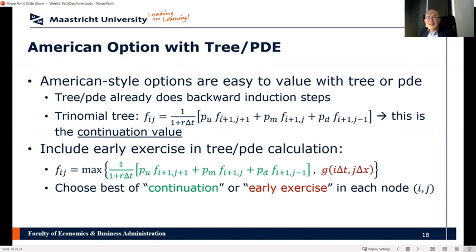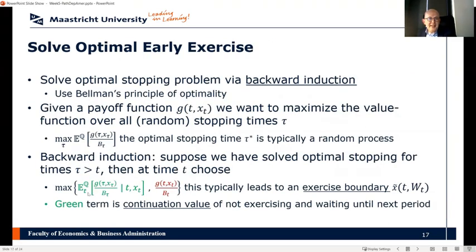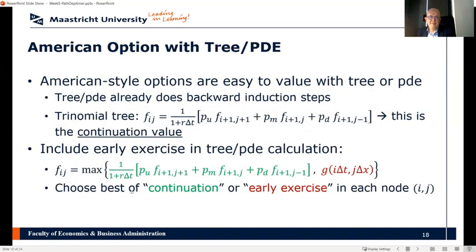It's the up probability times the up value plus the middle probability times the middle value plus the down probability times the down value, and then you multiply this expectation with e to the power minus r delta t, or 1 over 1 plus r delta t. And this conditional expectation is literally this green term from the previous slide. It is this conditional expectation, conditional on where you are currently in the grid.